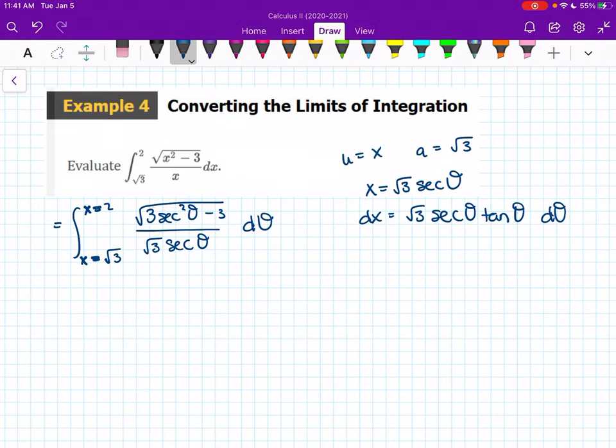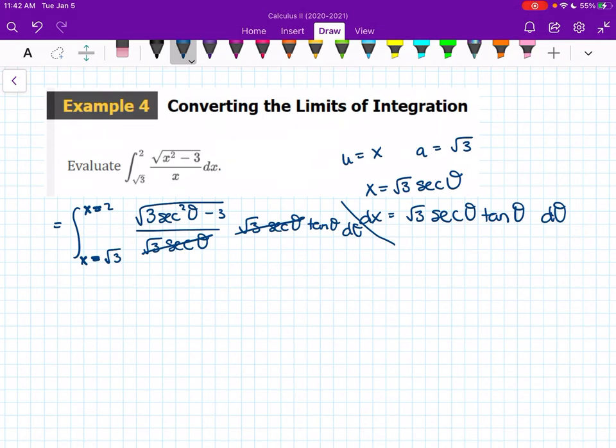And then dx, oh, I need to substitute in my dx. Okay, and then dx, we have square root of 3 secant theta tangent theta d theta. Oh my gosh, got lots going on here. All right, so what can cancel? I think this whole thing can cancel with that whole thing.